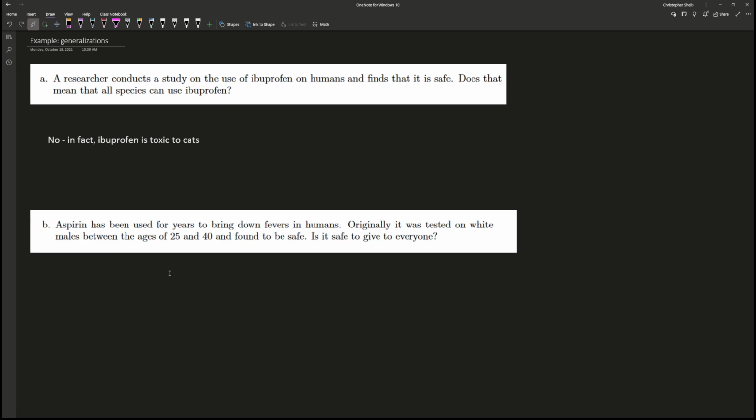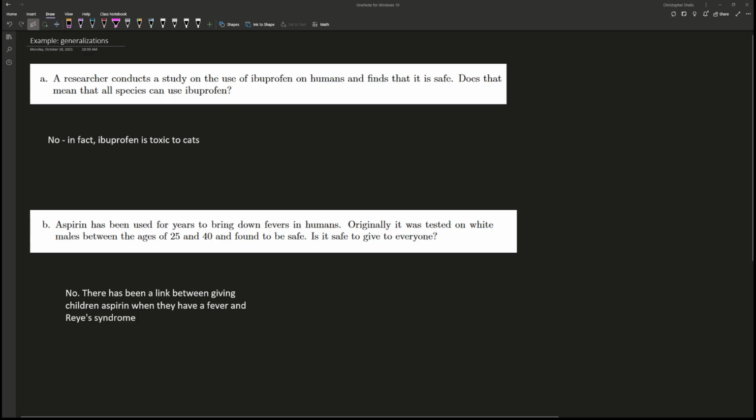In fact, there's actually been a link between giving children under the age of 19 aspirin when they have a fever, and something called Reye's syndrome. Reye's syndrome is a rare but serious condition that causes swelling in the liver and brain.